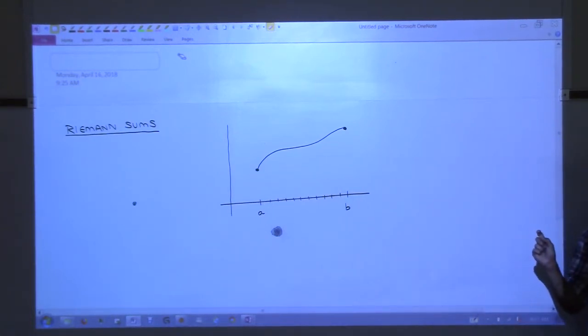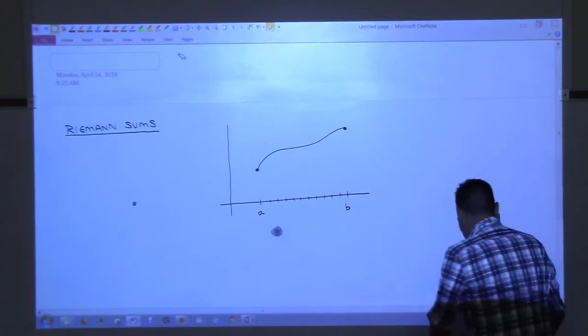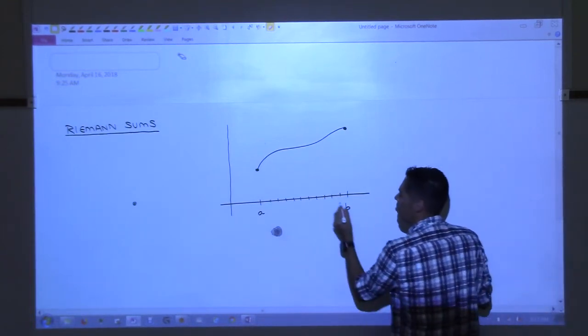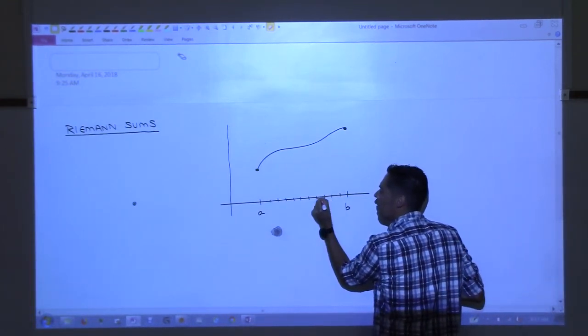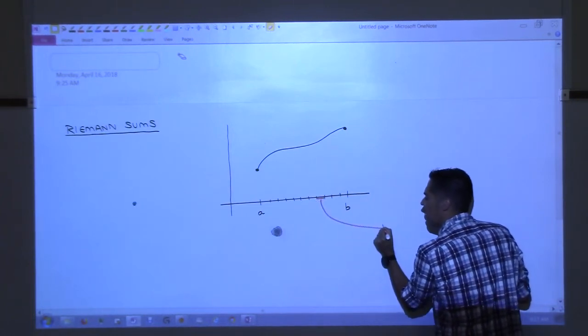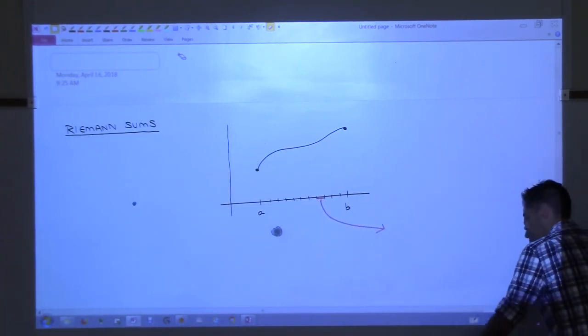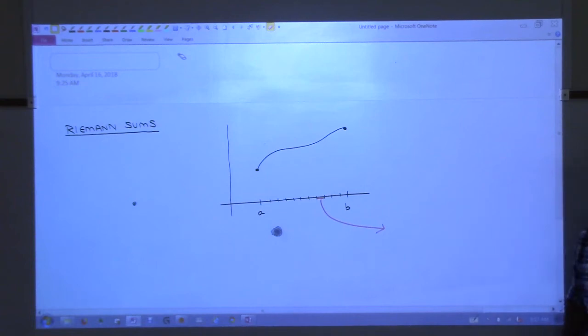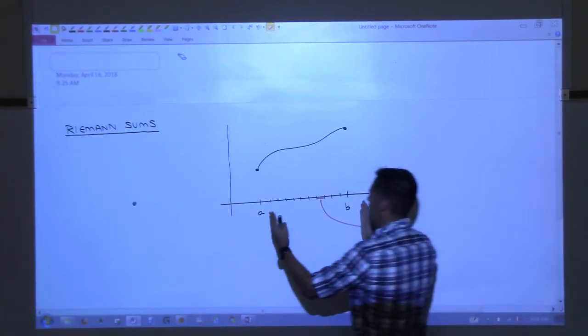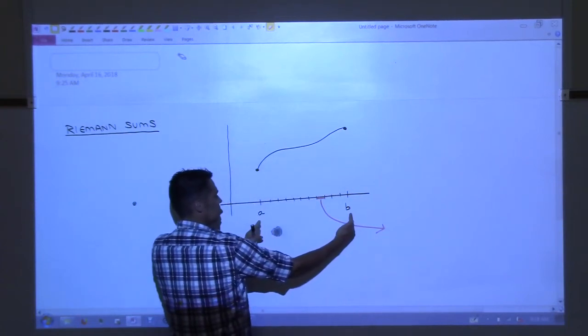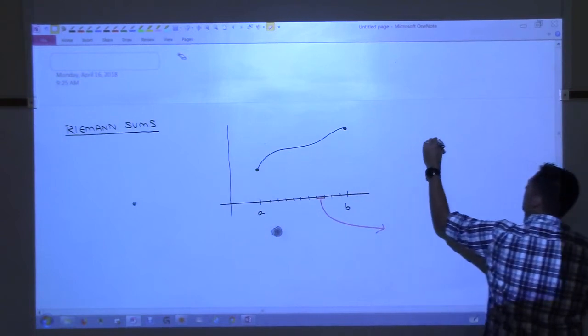Got it? What is the width of each segment? So if I asked you, take this little segment right here and tell me how wide it is, what would it be? Well, how long is the interval? Okay, it's always better if we do an example next to it.